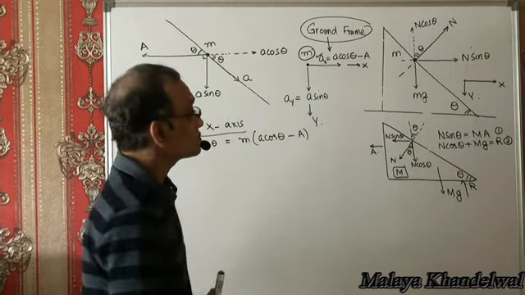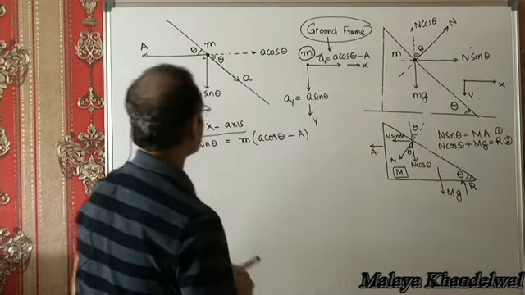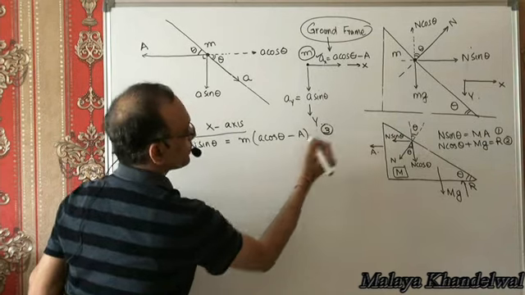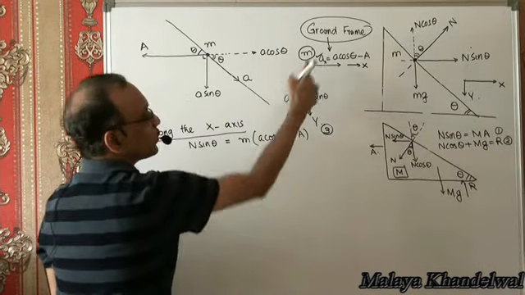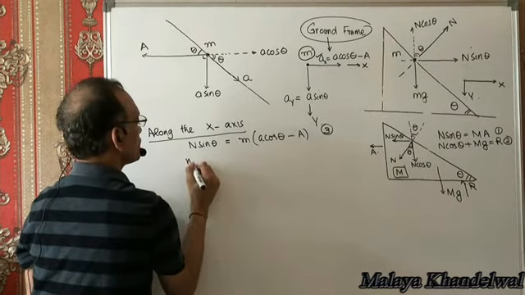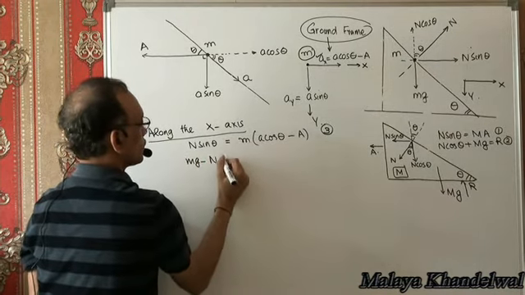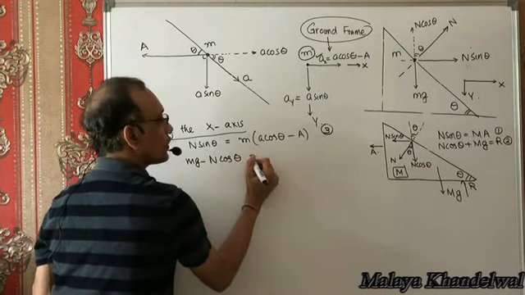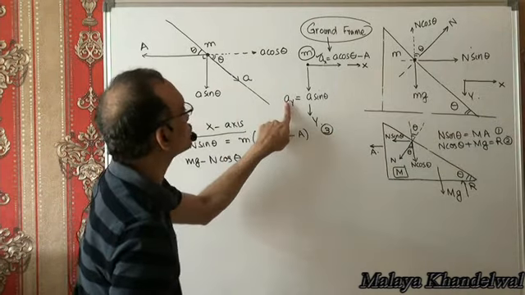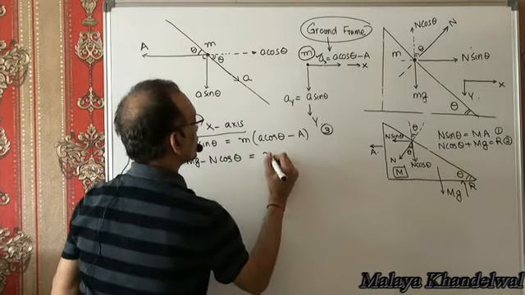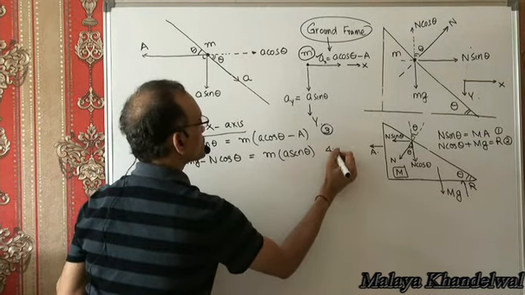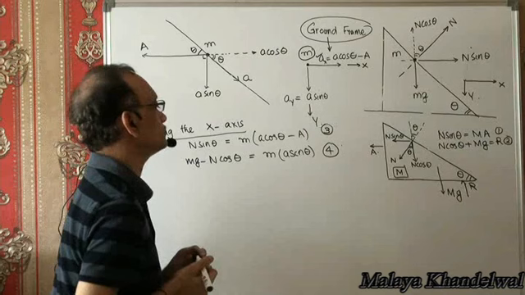What about the vertical direction? Let me call the previous one equation 3, because these were equations 1 and 2. In the y direction, I have mg minus N cos theta, and that's going to give me mass into a sine theta. That's equation 4.